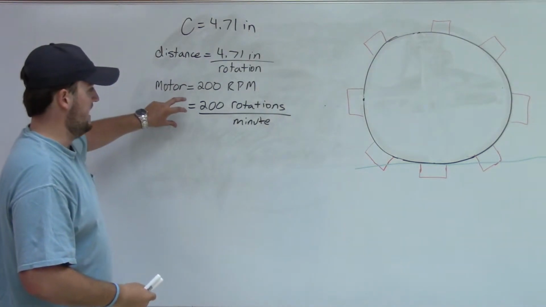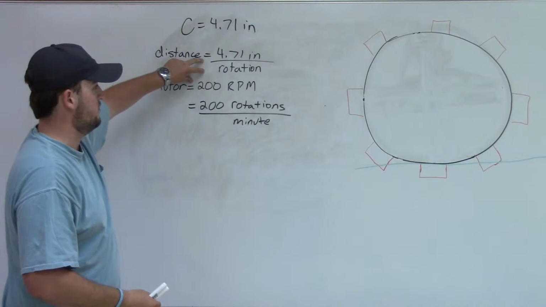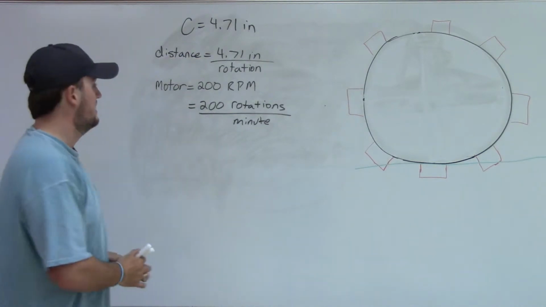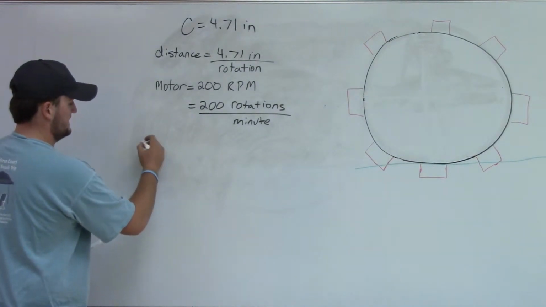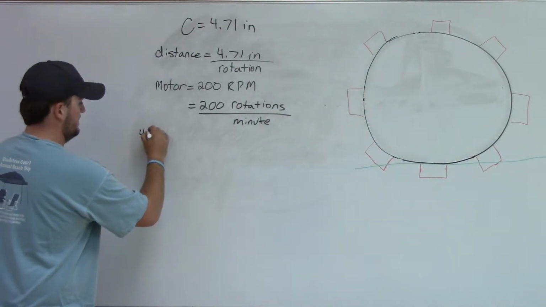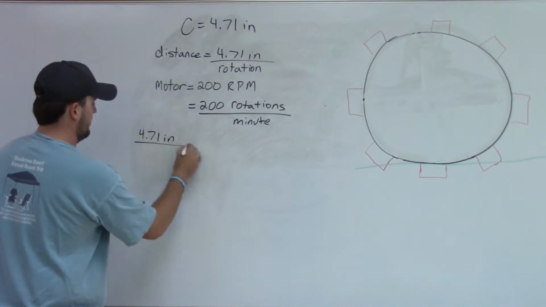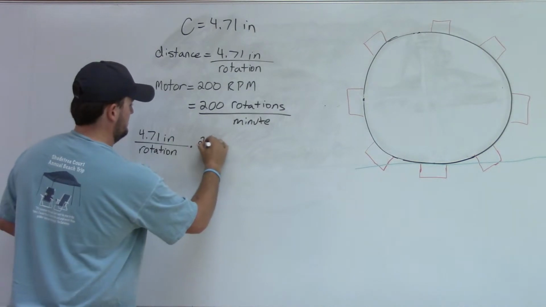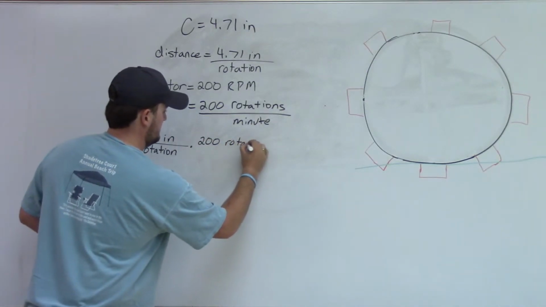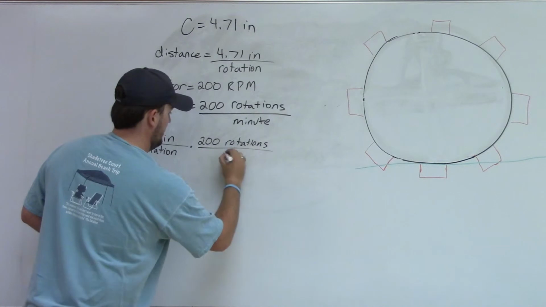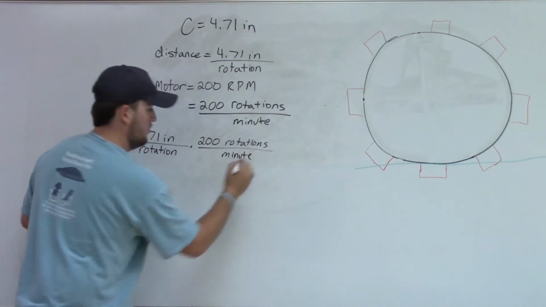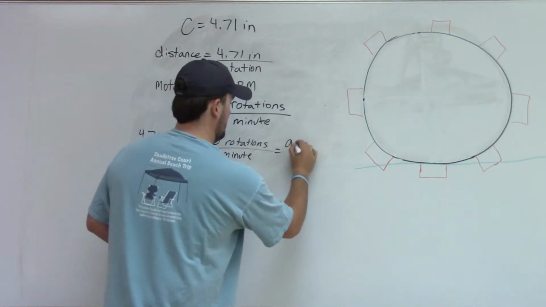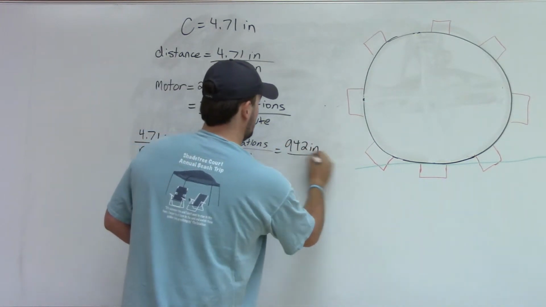So we can say that every time this motor rotates, the wheel travels 4.71 inches, and it's rotating 200 times in a minute. We can multiply these two together and say 4.71 inches per rotation times 200 rotations per minute will get you your linear velocity, which is about 942 inches per minute.